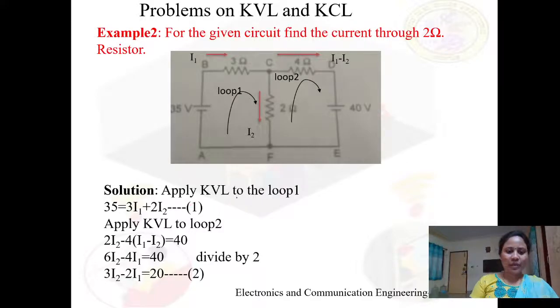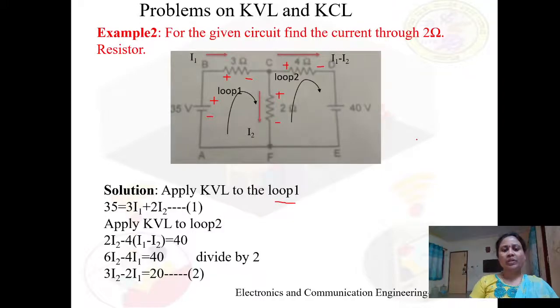So let us apply KVL for the first loop. Before that, let me just represent the signs for considering the voltage drops. Here it is plus minus. Let us take for this resistor the voltage drop as plus minus, and here plus minus, and here plus and minus.